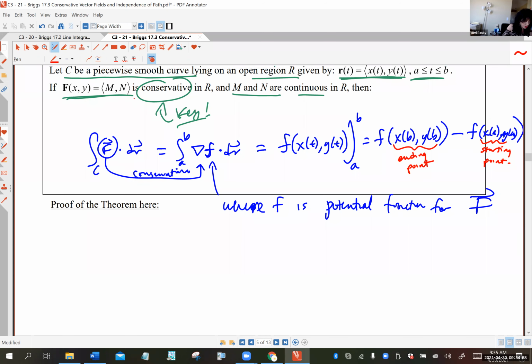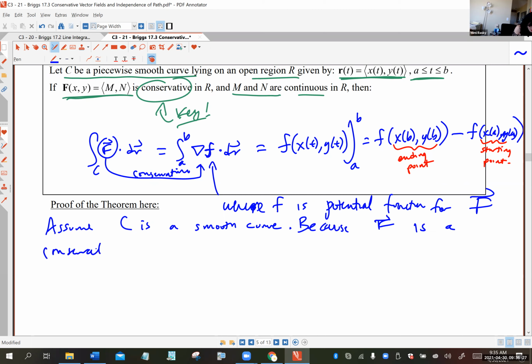Okay? I'm going to do a proof of the theorem here real quick because it's kind of fun for me. I got to have some fun in this class. Assume that C is a smooth curve. Smooth means there are no sharp corners or cusps, and so your vector valued function doesn't have a derivative that's 0 or undefined. And because your vector field F is a conservative vector field, you're given that.